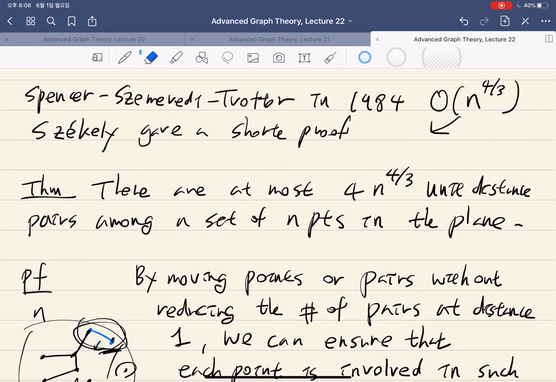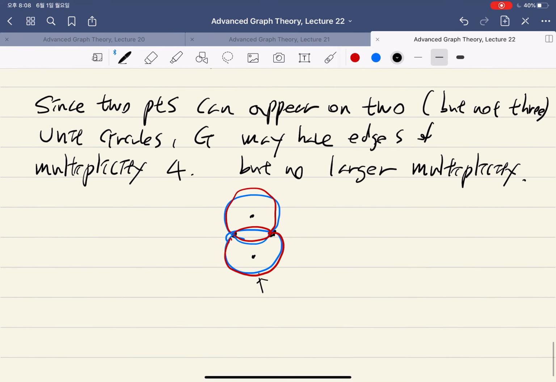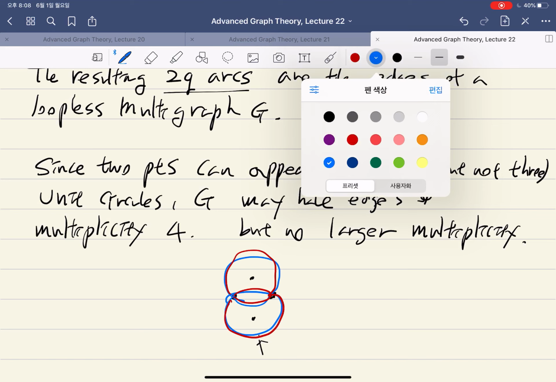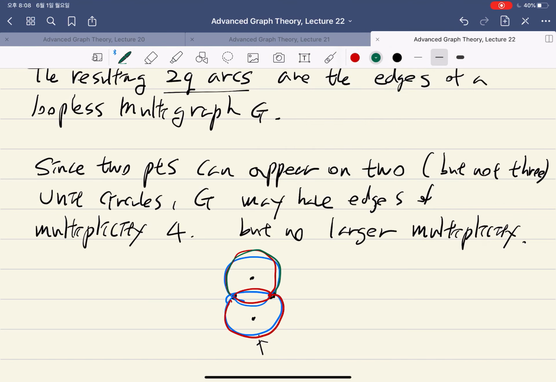So I will change this number a bit later, but okay. I think this has at most 4 multiple edges. Am I missing something?